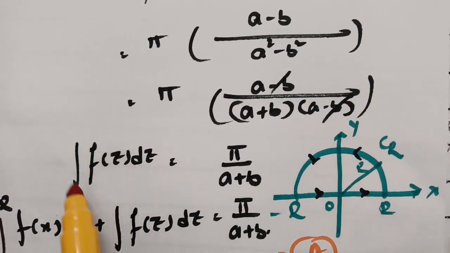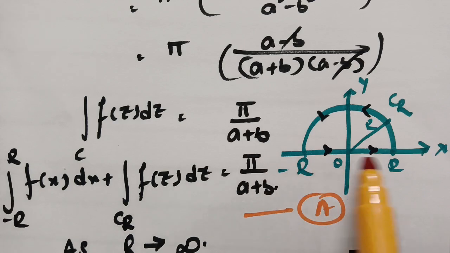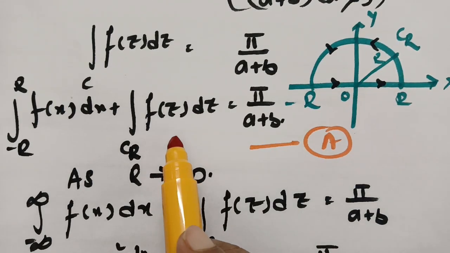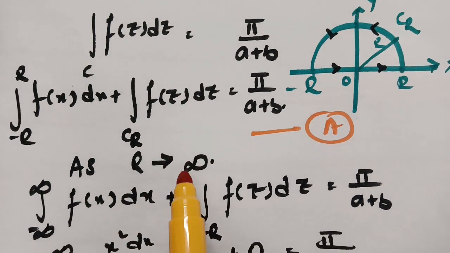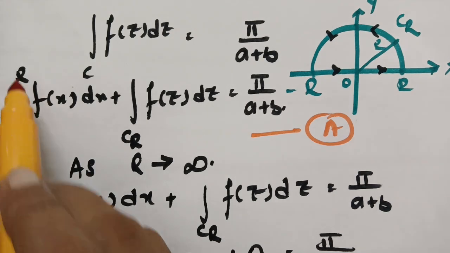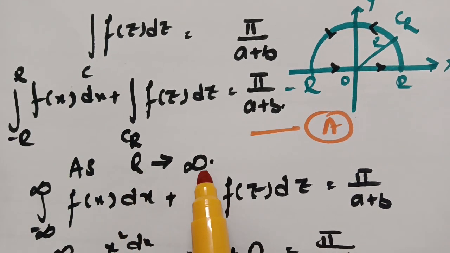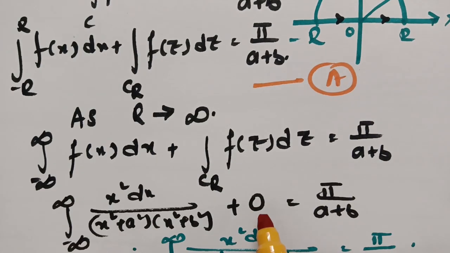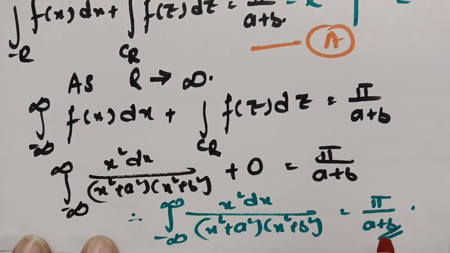So here, what is the total integral? The integral is divided into two parts, the real axis from minus r to plus r, and the integral over CR of f of z dz. So what happens to the CR? As r tends to infinity, minus r to plus r becomes minus infinity to plus infinity. The CR integral is going to become 0, and therefore, if I equate, this value will be pi by a plus b.